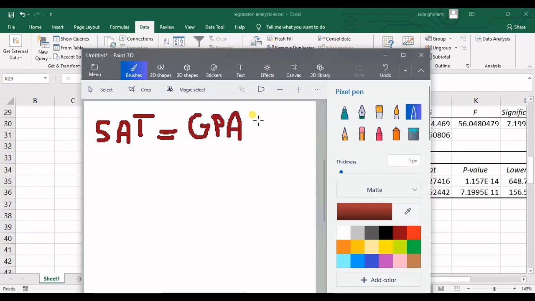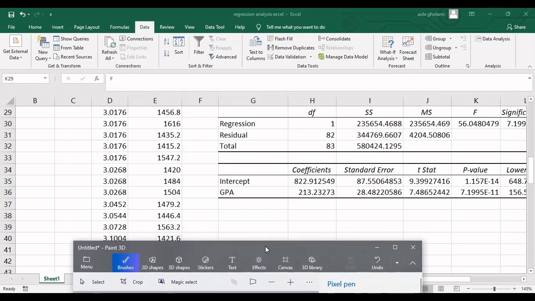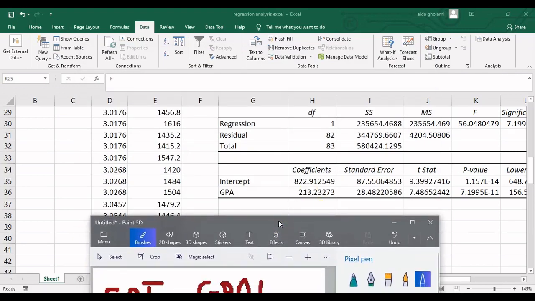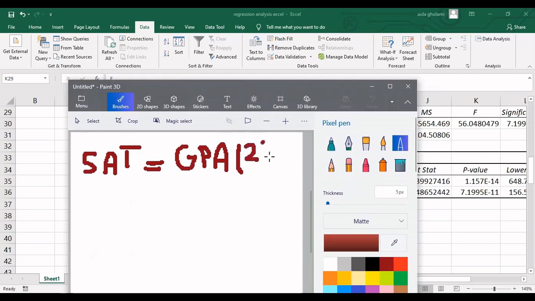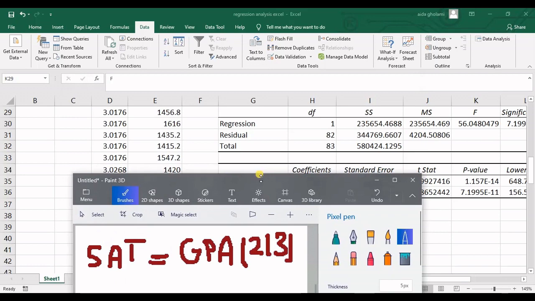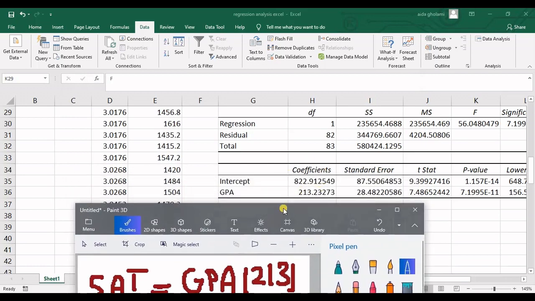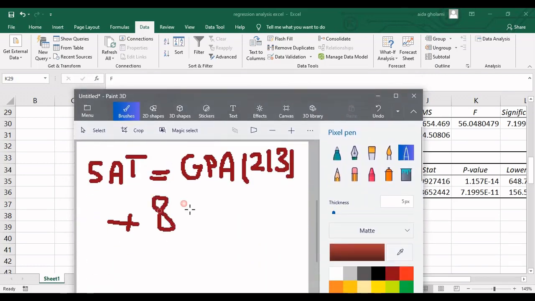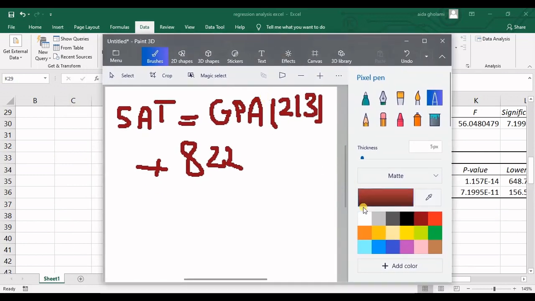GPA score times 213 plus the intercept 822. Okay, so here, as I mentioned before, we know that if GPA is 0, we still get 822 as the SAT score.